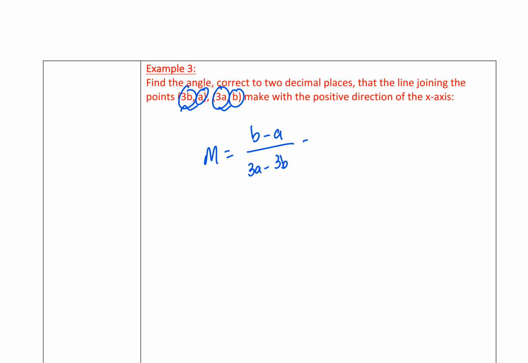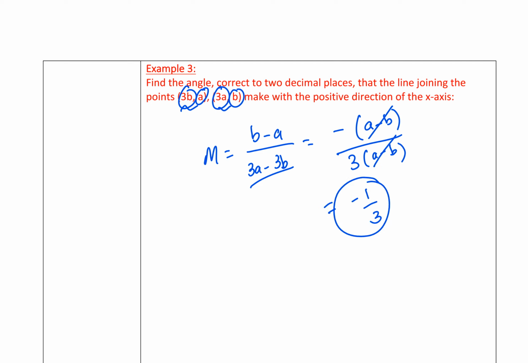Now if I take a negative out of the top, then I've got a minus b, that's one way to take out a negative, divided by 3 lots of a minus b. And so we can see here, I just took out a common factor of 3, that the gradient, although I didn't get any points, is actually equal to negative 1/3.